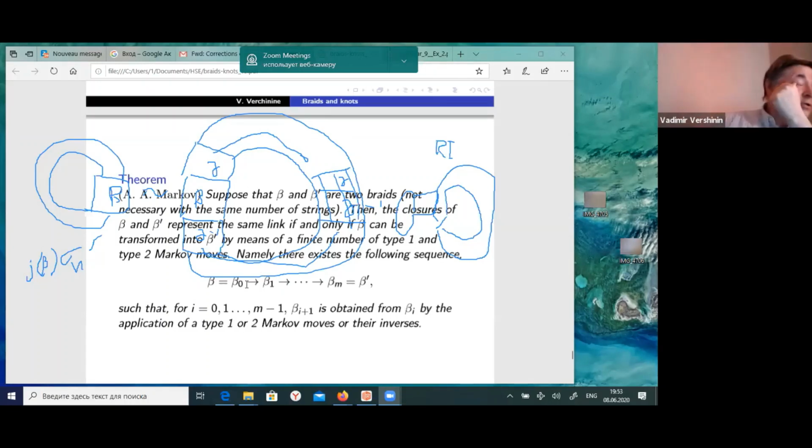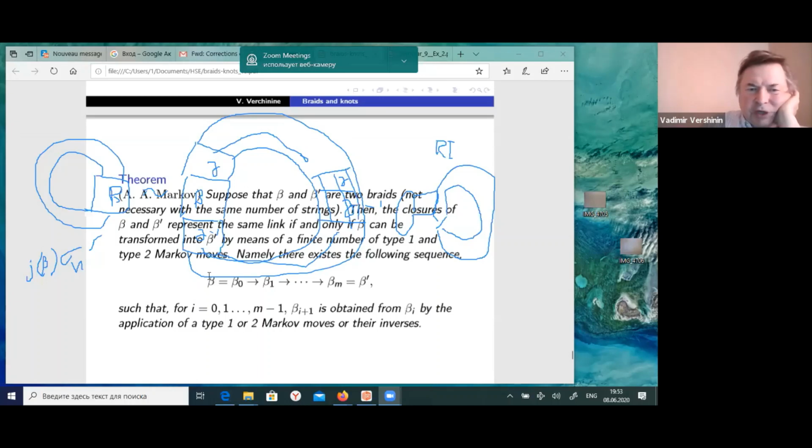So if you want to consider only Markov moves, you should place the arrow in the opposite direction. But I consider it in the following way.